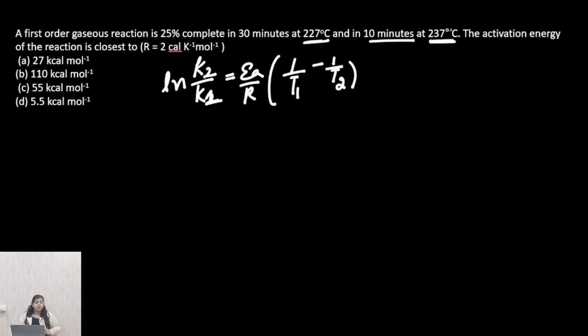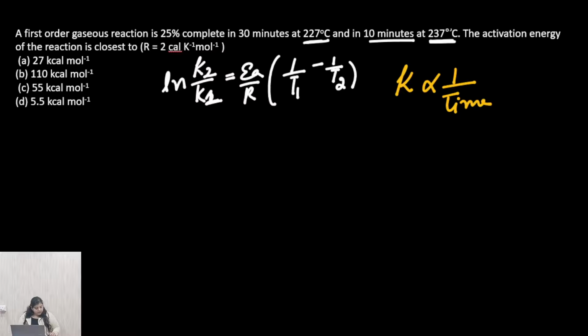This is from the Arrhenius expression, taking the rate constants at two different temperature conditions. Now we know that rate constant values are inversely proportional to the time values. The more time the reaction takes, the lower the rate constant, or the lower the rate.